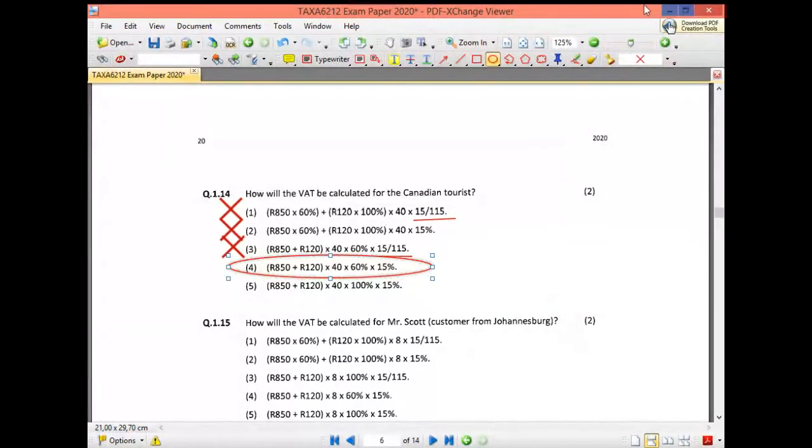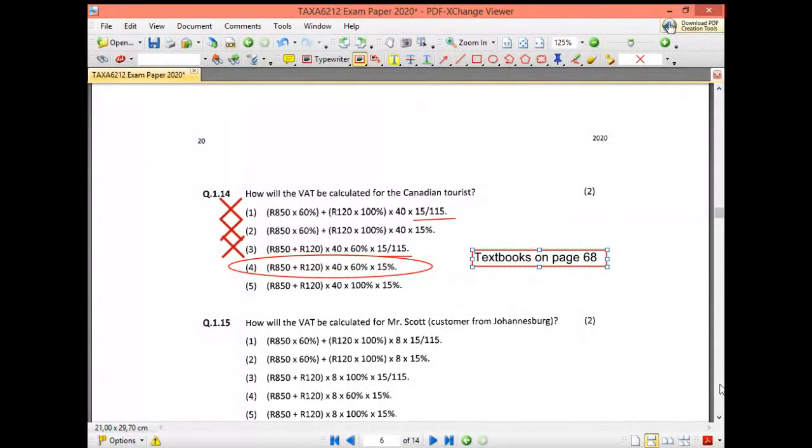Let me just tell you where you can find this in your textbooks. If you go to your textbooks on page 68, this is where they discuss this exception to the rule.